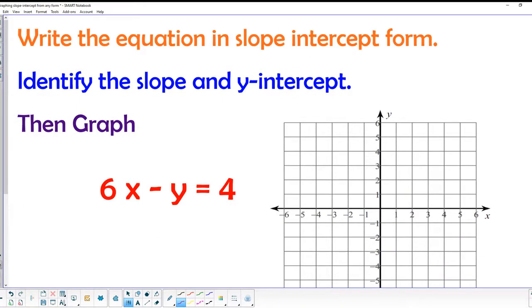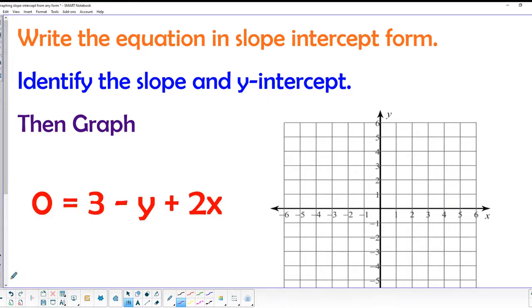So let's go ahead and skip along. We'll skip that next one. Now here's another one where we know that if we have x equals 4, we come over to number 4 on the x-axis and draw a vertical line with an undefined slope. Here's one where everything's on the right side. We got to move y to the left side and then rearrange the 2x and the 3 into just 2x plus 3.